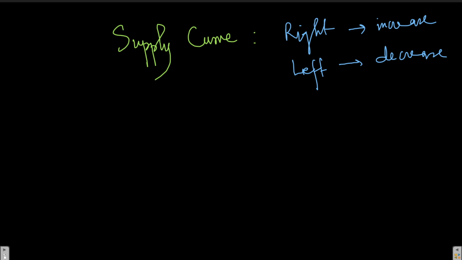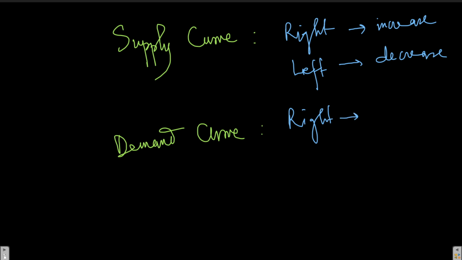The demand curve, similar to the supply curve, can see two types of movement. One is that it can move to the right. So essentially, demand for a certain thing has increased. Let's say the popcorn market, or let's say the Parle-G market, and let's say there is some research that popcorn is really good, or the Parle-G biscuit is really good for health, and the demand will increase in these cases.